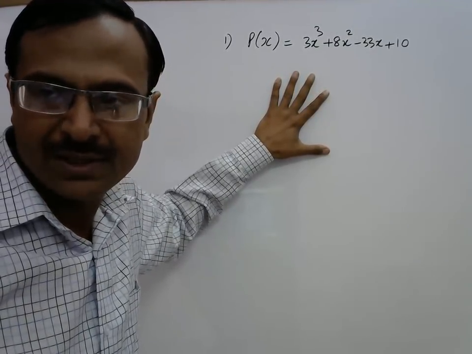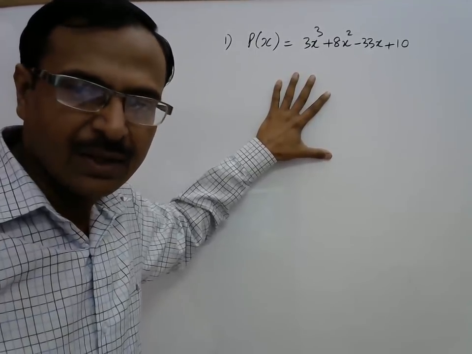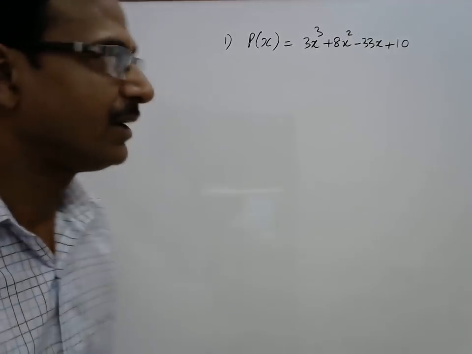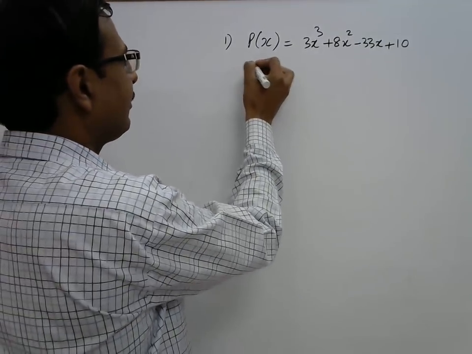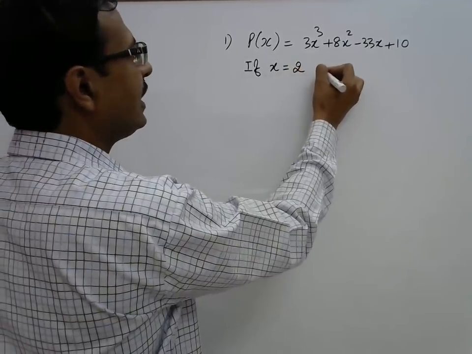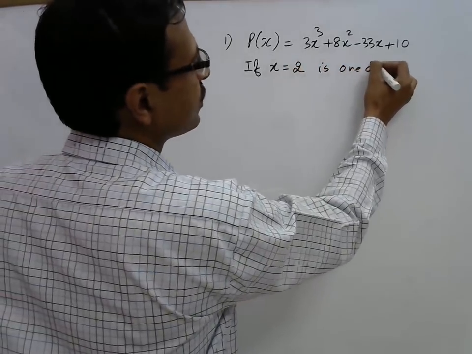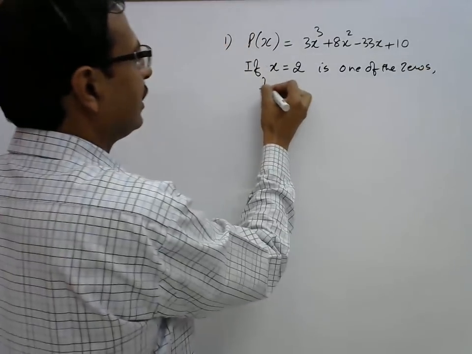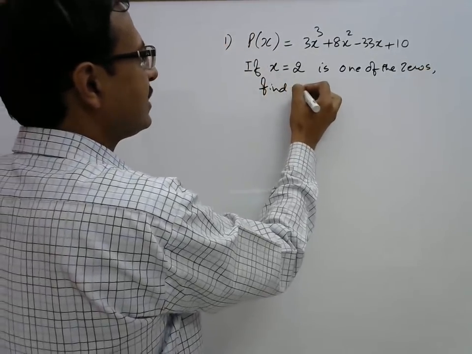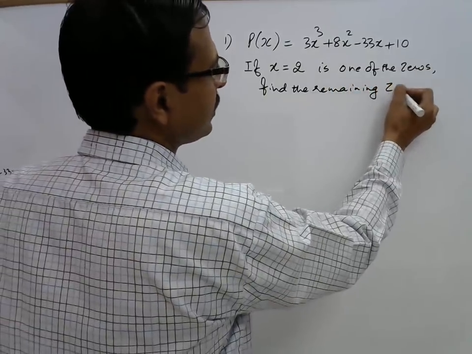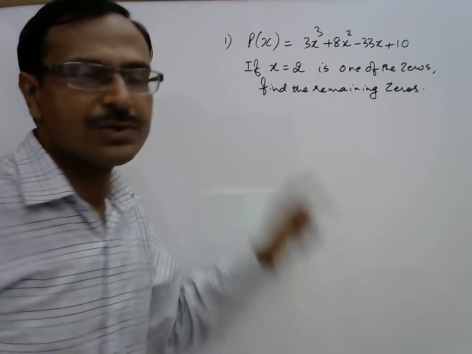Out of the 3 zeros, one of the zeros is given. The question is, if x equal to 2 is one of the zeros, you have to find the remaining zeros.